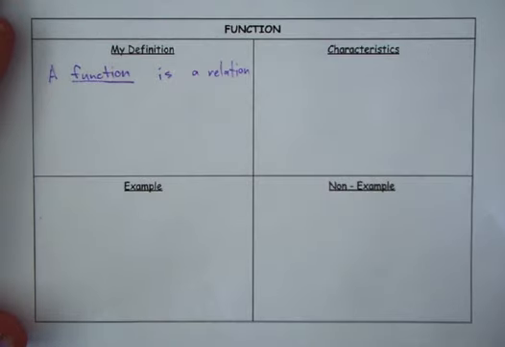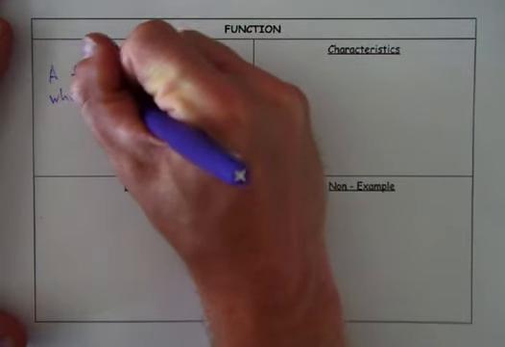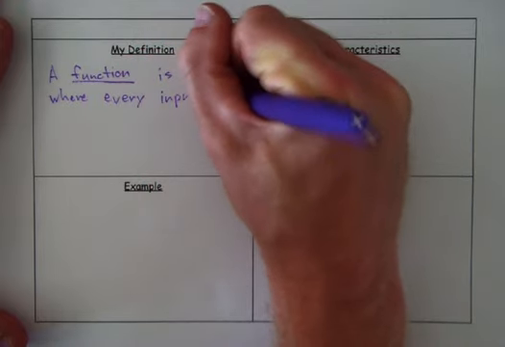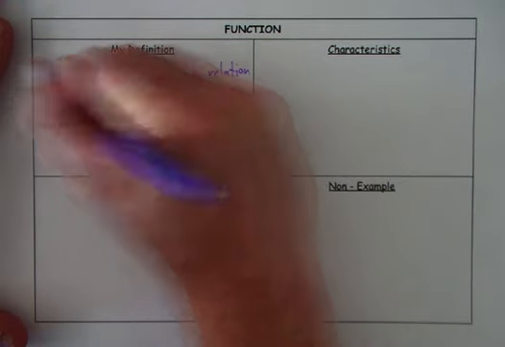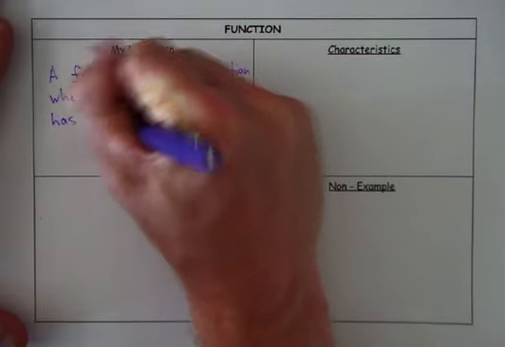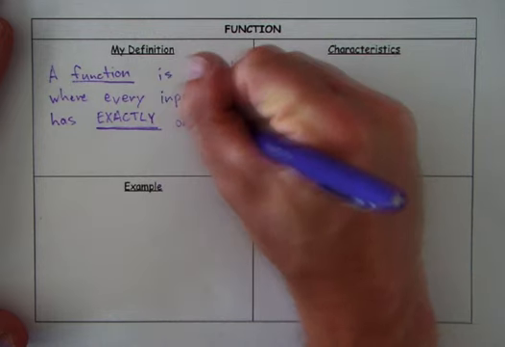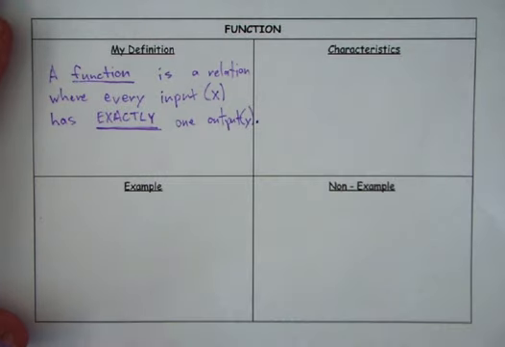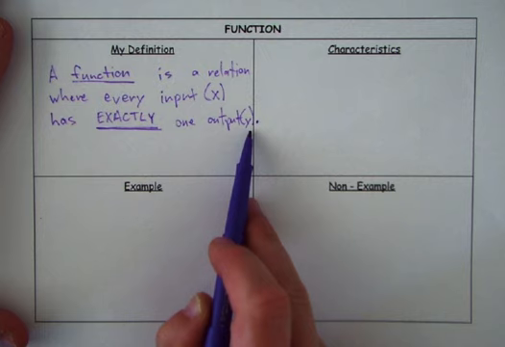A function is a relation where every input, that's x, every input x has exactly, and I'm going to make this big letters and underline it, exactly one output, or y. Okay? Every input, or x, has exactly one output, y.